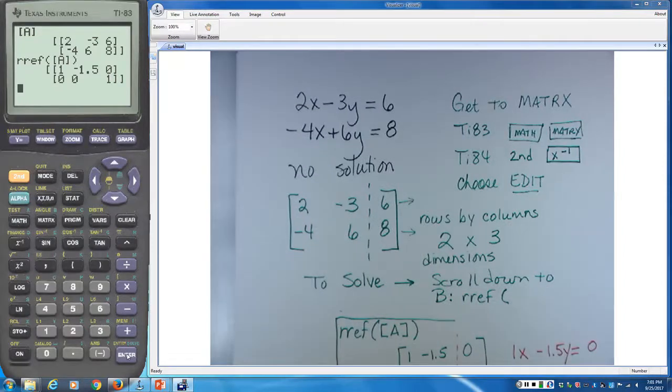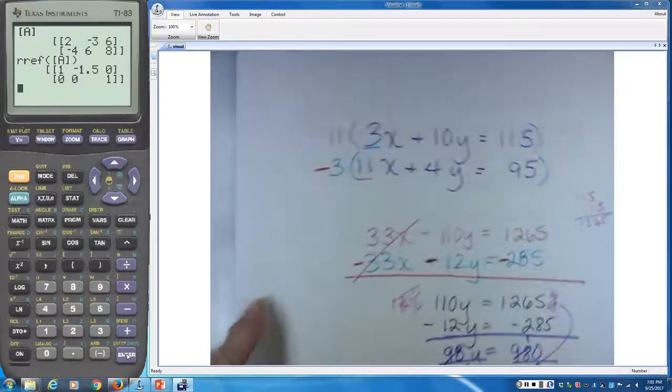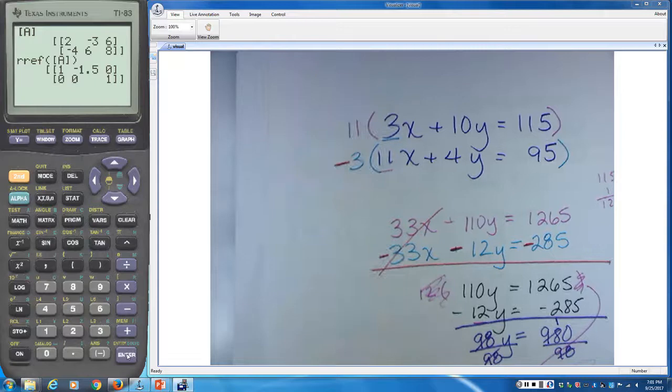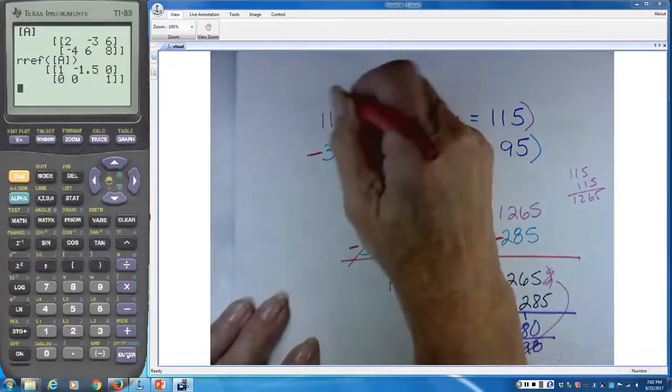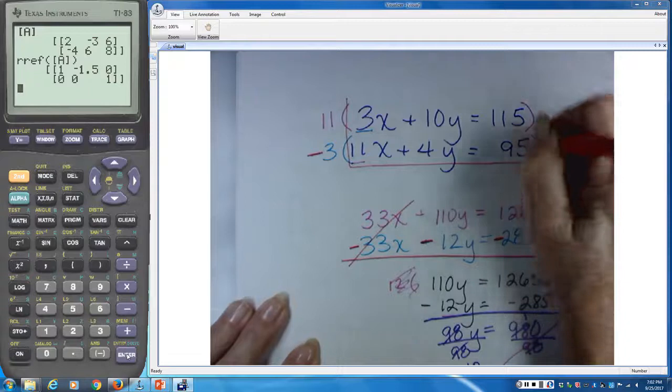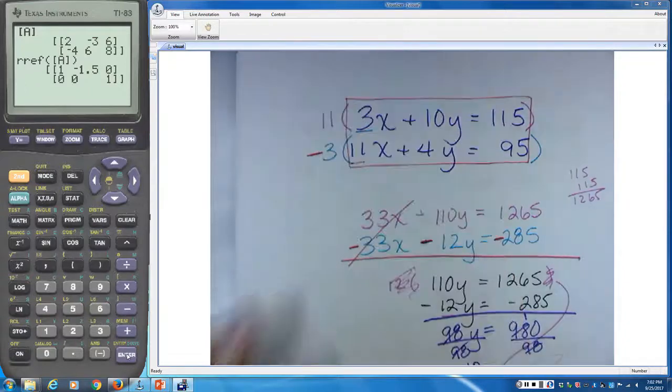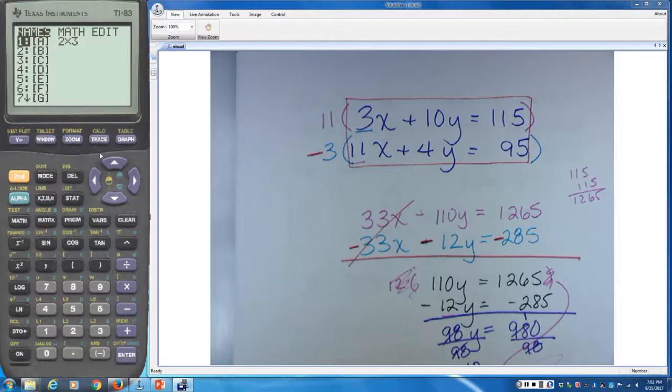Now, just for practice, let's go back and look at the one that we did to begin with. Your matrix for that looks like, let's go back to matrix, go back over to edit, and this is a 2 by 3.